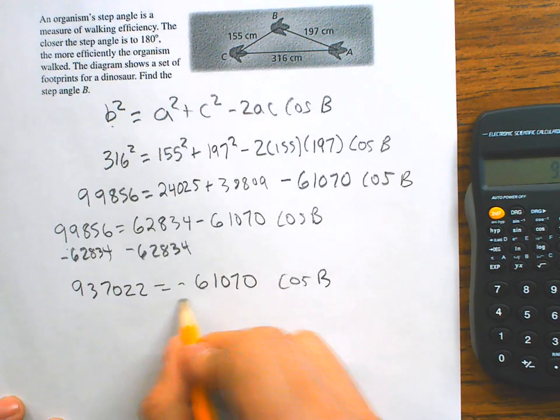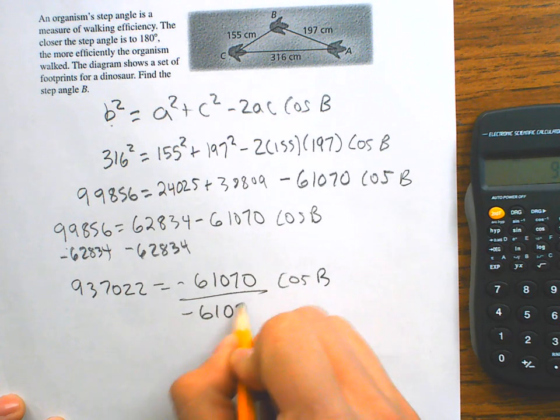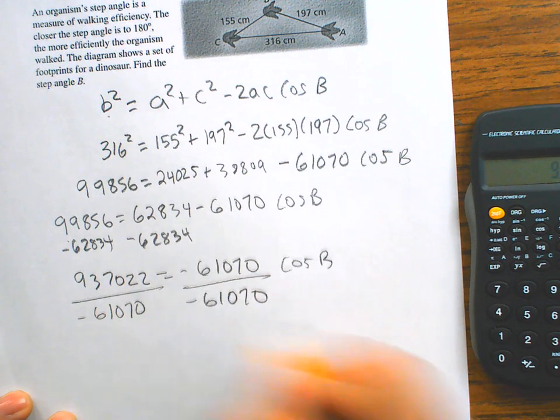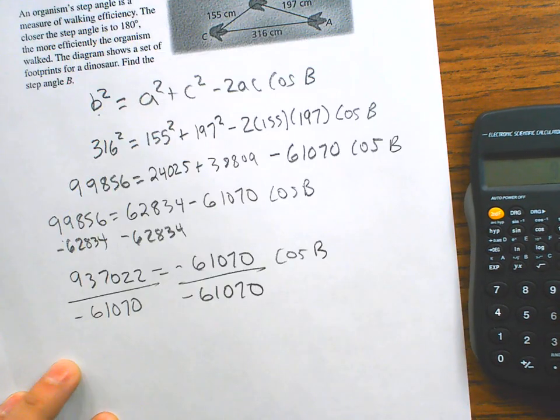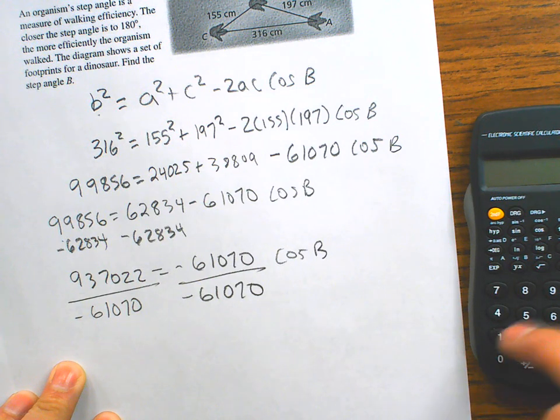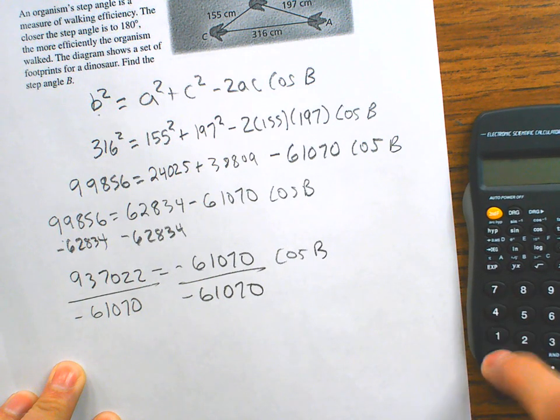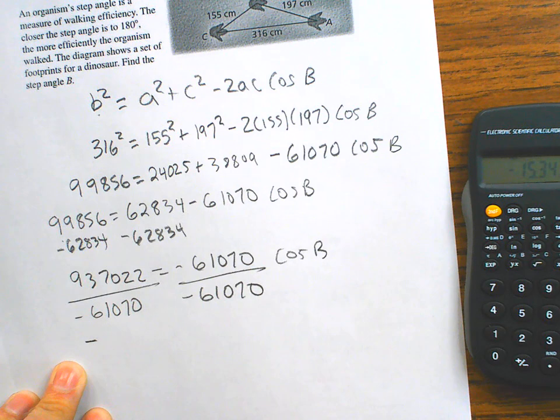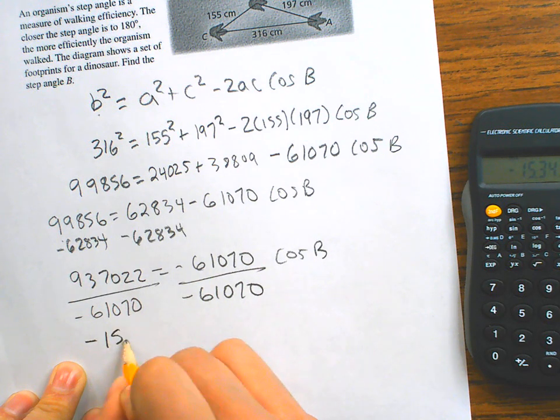So division time. With these kind of videos, guys, it's probably easiest to watch the video first and probably do the notes afterwards, because it involves a lot of thinking, you know, to keep up with this. So that's going to give me negative, now let me make sure I'm doing this right, okay, negative 15.34.